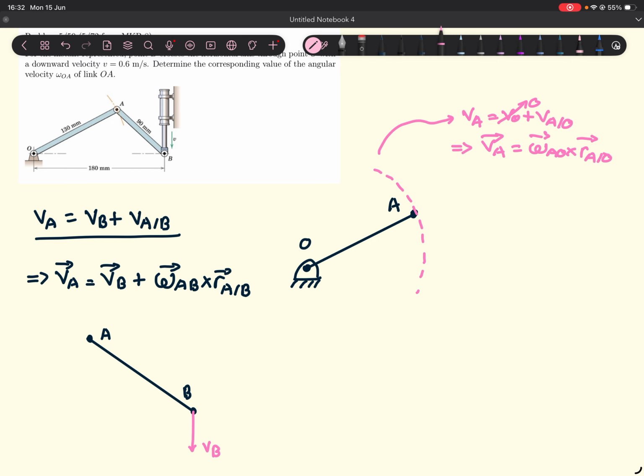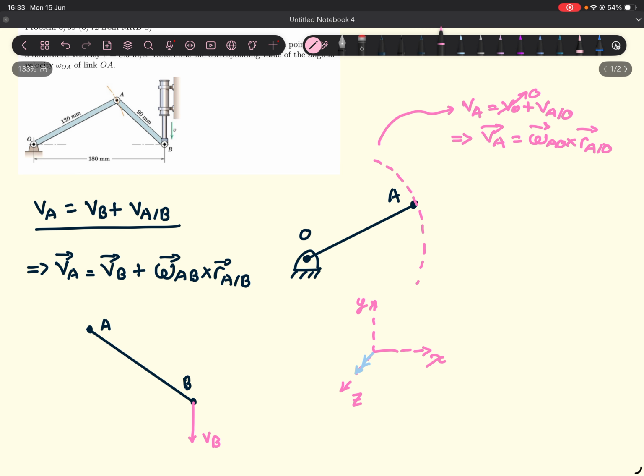So omega AO points out of the page, right? So we have our Y, our X axis, and then our Z axis pointing out of the page. Omega AO points in the Z direction, right? So already by default, if I draw VA in that direction, it's already perpendicular to the Z axis, right?